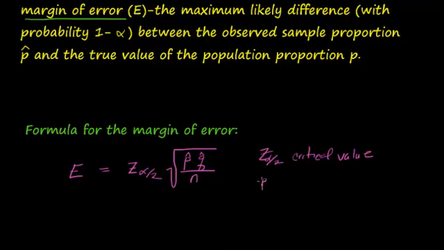P hat is the sample proportion. Q hat is just equal to 1 minus p hat, and n is the sample size.